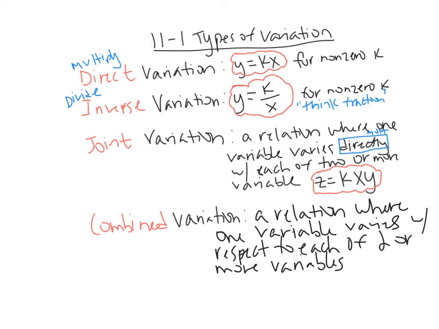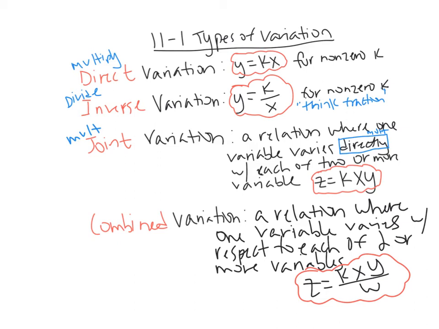So that means we don't just have multiply like with joint. With combined, we're going to have multiplication and division. So its basic form will look like z equals k times xy divided by, let's say, w. So you've got two things going on in that one.